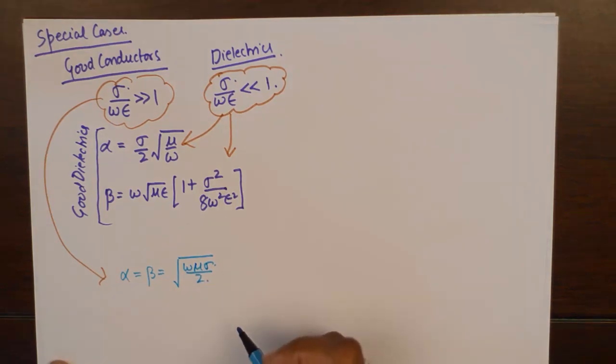So you just have to remember one equation for alpha and beta.